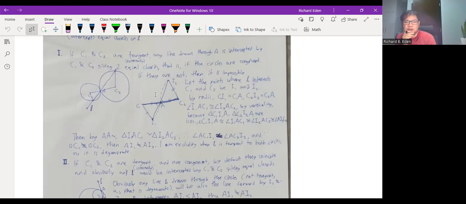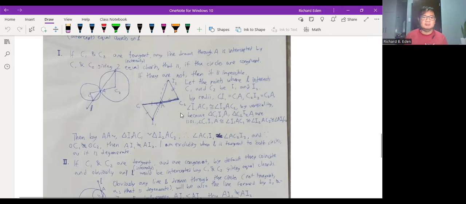Okay, so did you mention what would happen if the radii are the same? Then if the radii are the same, then it would work, right?